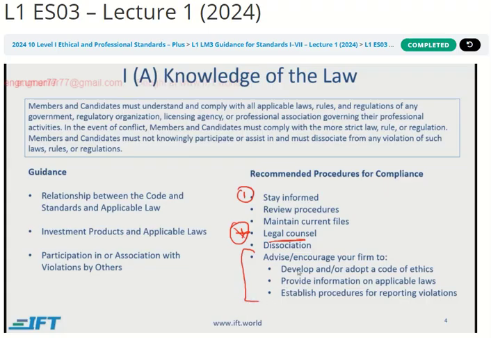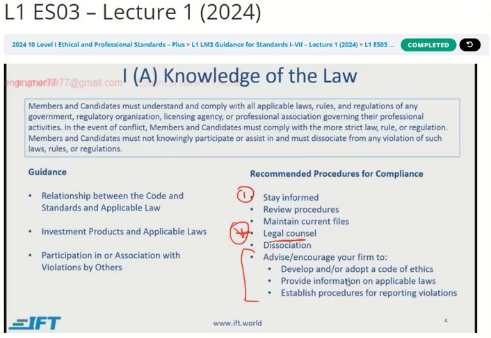The final set of points here relates specifically to what you should be advising and encouraging your firm to do. One point is that if a firm doesn't already have a code of ethics, then you should encourage your firm to do so. And if your firm is an investment management firm, then it can potentially adopt the research objectivity standards.